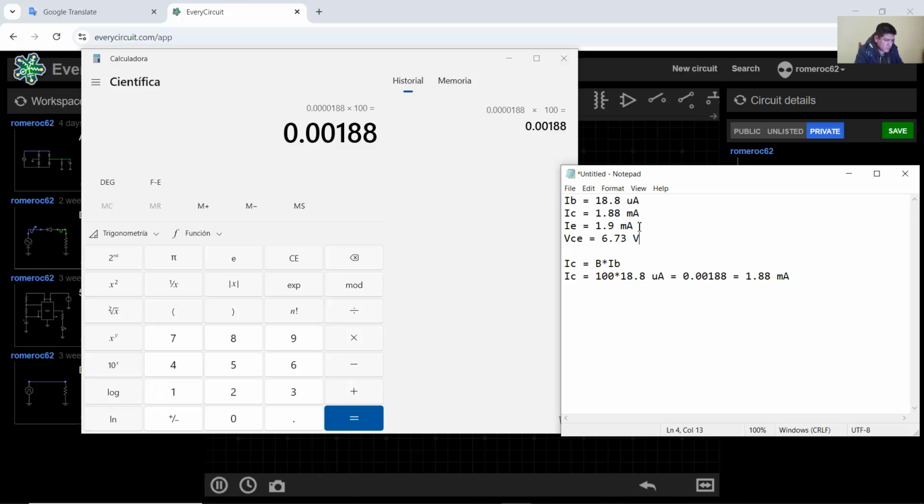Also, you can demonstrate the current in the emitter. Current in emitter is the current in the base plus current in collector. And this is current in the base plus current in collector.